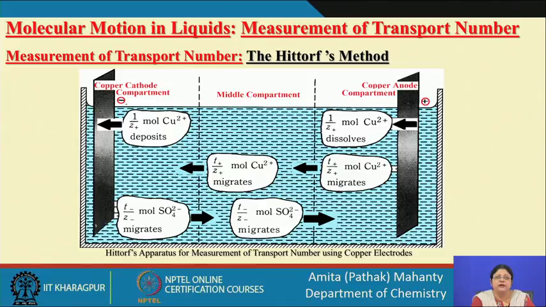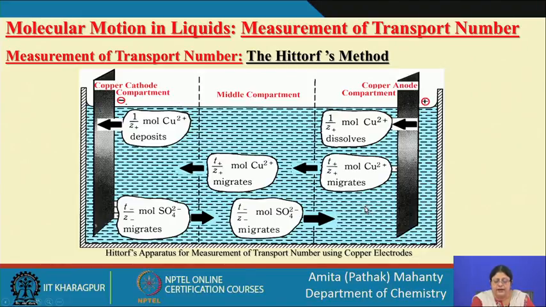To maintain the charge neutrality, the sulphate ions, which become in excess in this compartment, should start moving from the cathode compartment towards the anode compartment, because here you have generated more copper 2 plus ions and not a sufficient amount of sulphate ions are present. To maintain the charge neutrality in the entire electrolysis cell, we have to have a migration of the anions from the cathode compartment to the anode compartment.